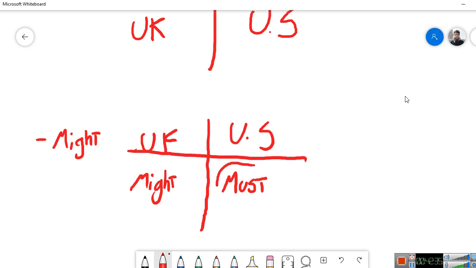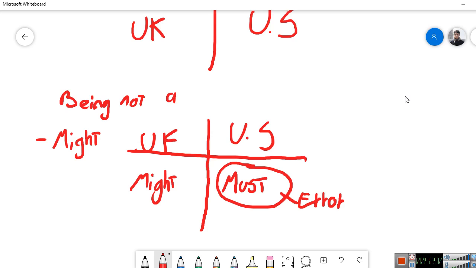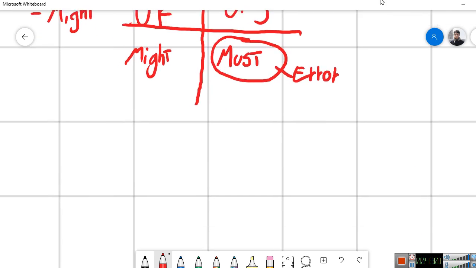And that is an error. Please stay away from this. This is an error. This is when talking about being not as sure. And that's the only difference there is in this lesson about the UK and the US.